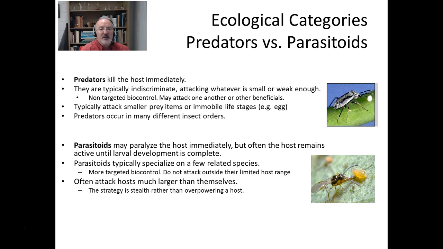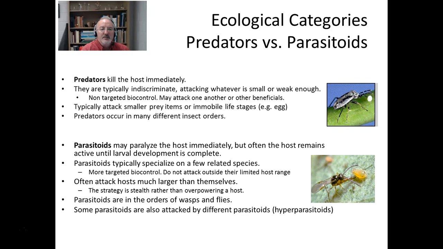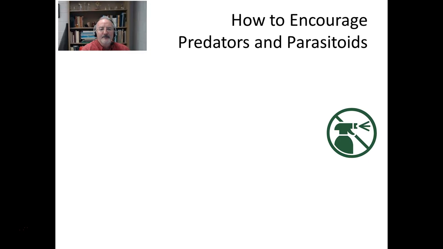Their strategy is stealth rather than overpowering a host. Parasitoids are in the order of wasps and flies. Some parasitoids are also attacked by different parasitoids called hyperparasitoids. On the right-hand side, you'll see a little parasitoid wasp attacking what I think is an aphid. At the top, you'll see a big-eyed bug eating an egg.